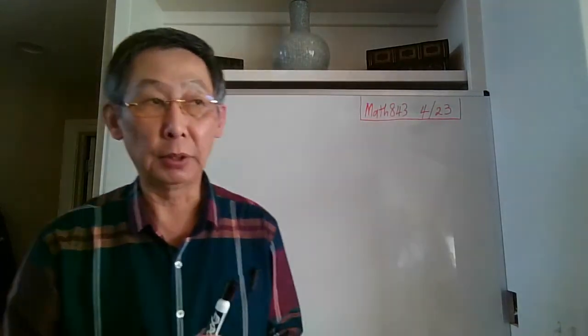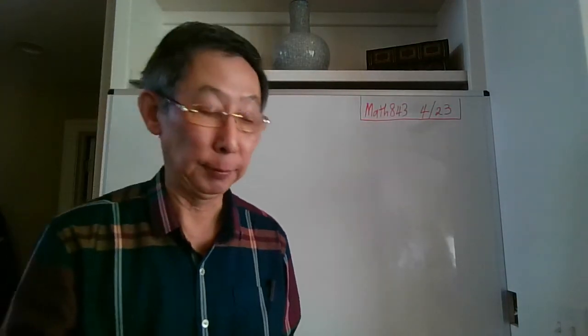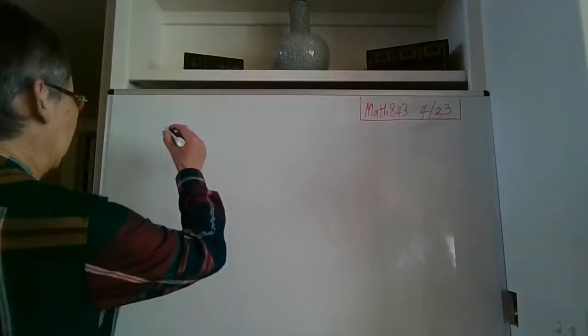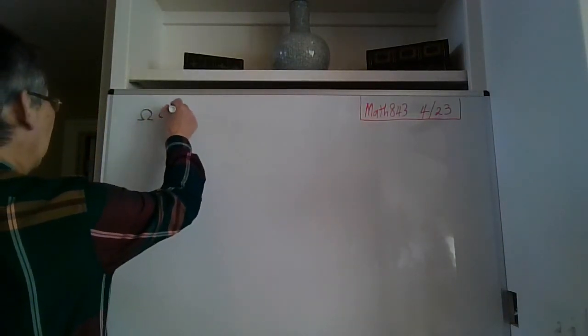Okay, so today we're going to continue to review the Sobolev space in the multidimensional case, but we are going to mainly do some examples only. So let's recall, let's say that you have Omega in R^n.